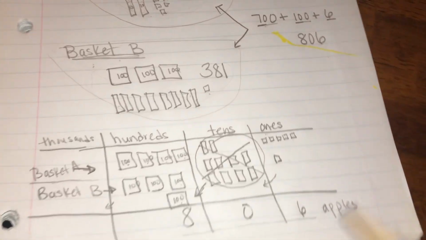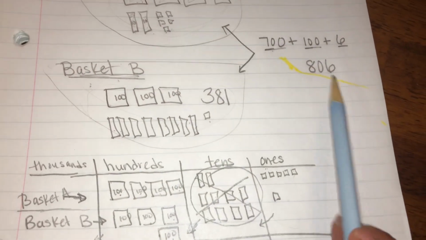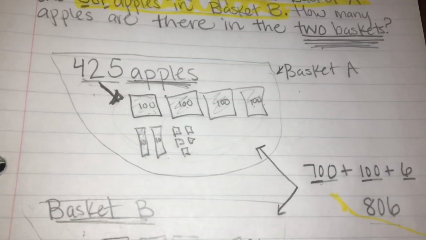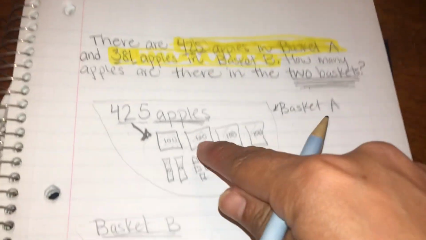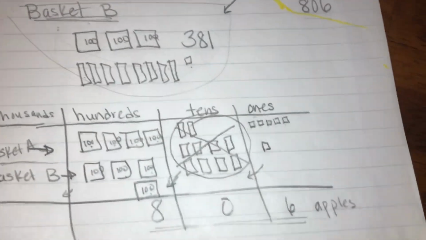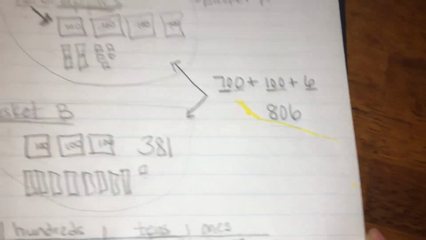Once they figure out that there's 806 apples, oh, one more thing that they could do is, once they figure this out with models and with work, they can check it with the number sentence. Okay, and my suggestion to them is to always write the number sentence in vertical form.